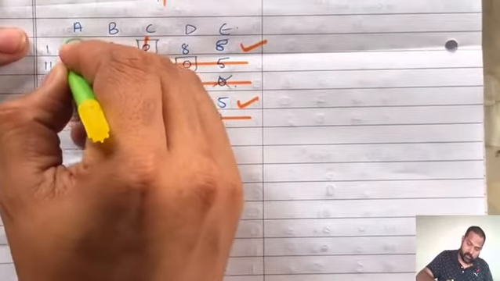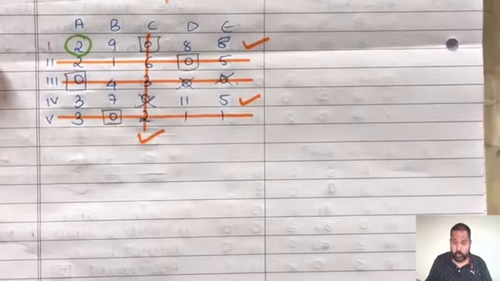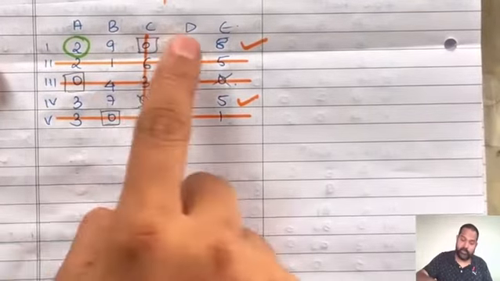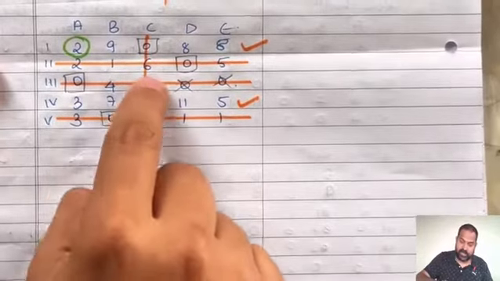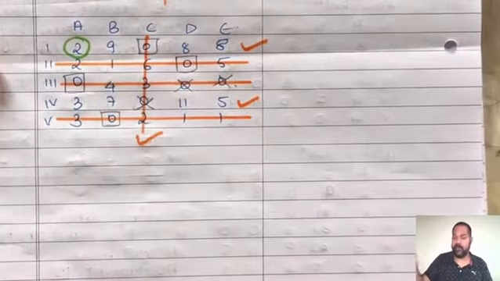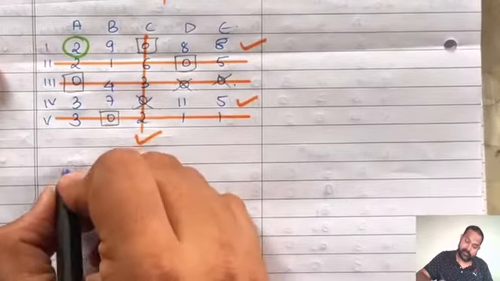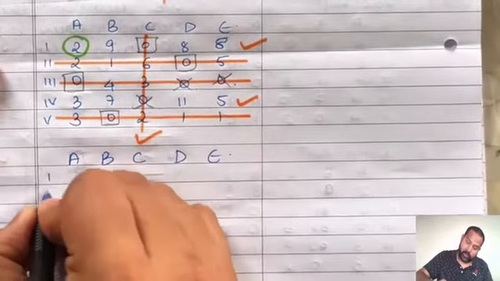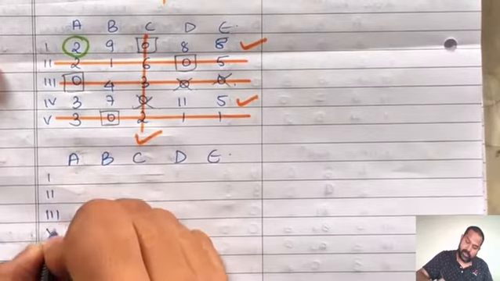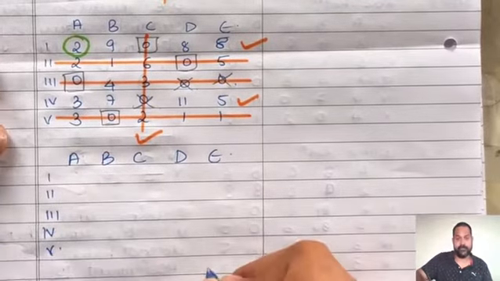Well, the smallest is 2. This 2 will be subtracted from these uncovered elements. It will be added to the junction elements, and the single covered will remain untouched. Rows A, B, C, D, E, columns 1, 2, 3, 4, and 5.